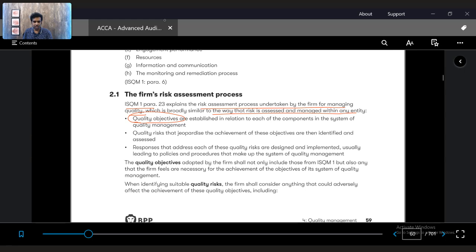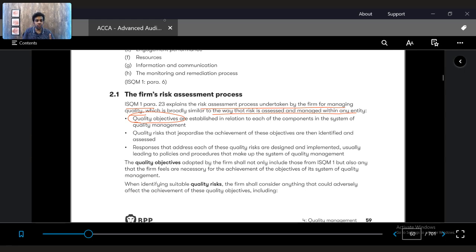When the Apple CEO says that my phones should be of the highest quality, they should not break when dropped, that's an objective. Similarly, for any firm conducting audits, they will say that the mistakes identified in the audit should be very few. It has to be reviewed. The mistakes the audit juniors make have to be fewer. Those are the quality objectives that the firm may establish.